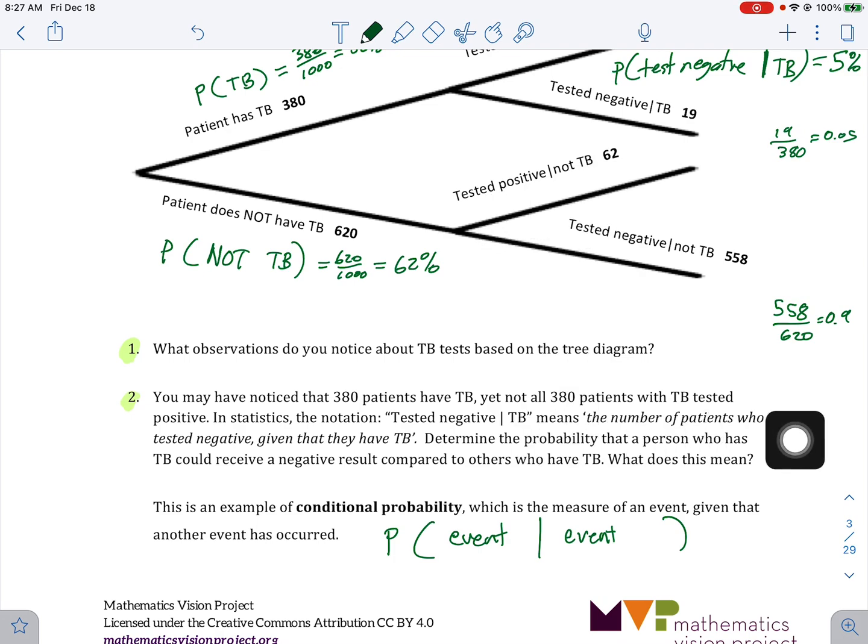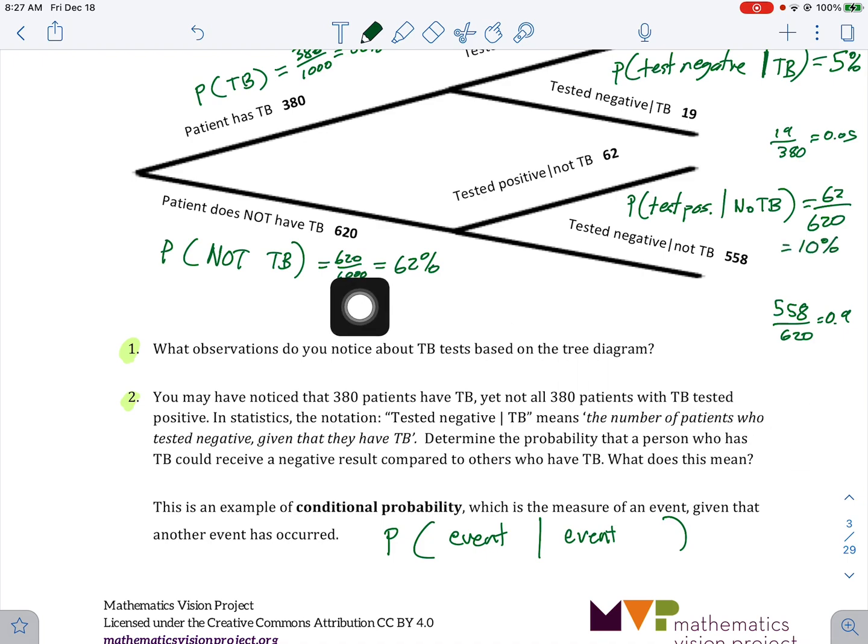Okay? Another one you could say is, if you don't have TB, you might actually get the results that you tested positive, right? So of the 620 who don't have it, 62 of those would test positive. So you could write that as the probability of testing positive given that you don't have TB is going to be 62 out of 620 conveniently, which is equal to 10%.